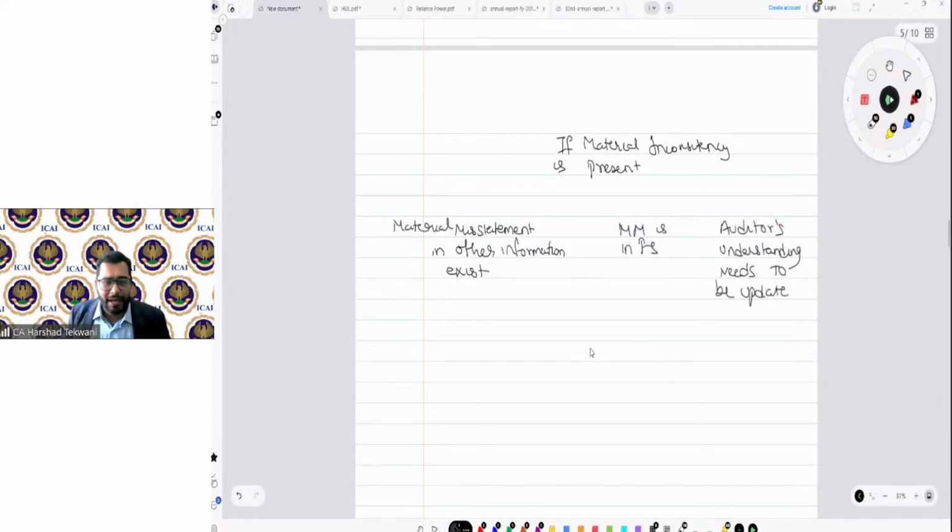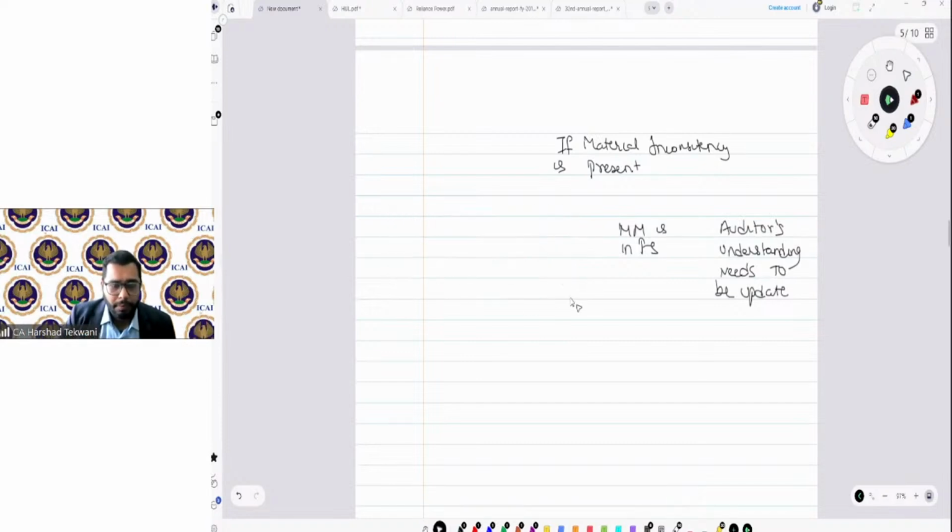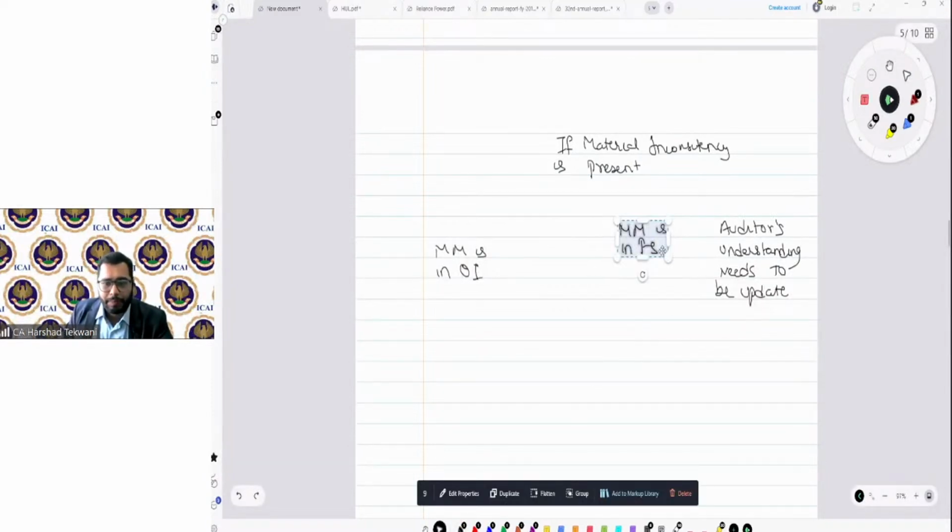So there could be three scenarios: material misstatement in other information, material misstatement in the financial statement, or my understanding requires updation. In each case, we need to understand what actions and procedures are required to be done.